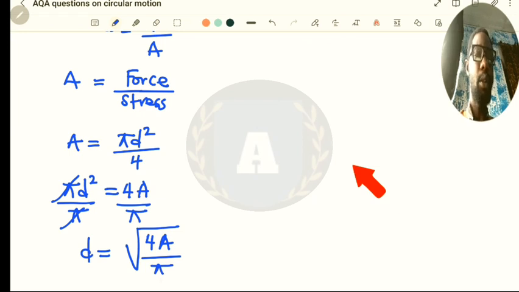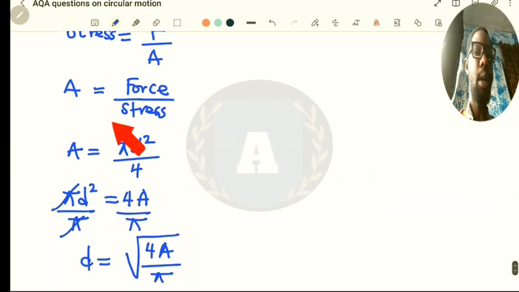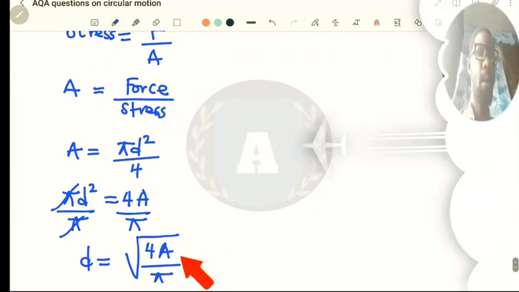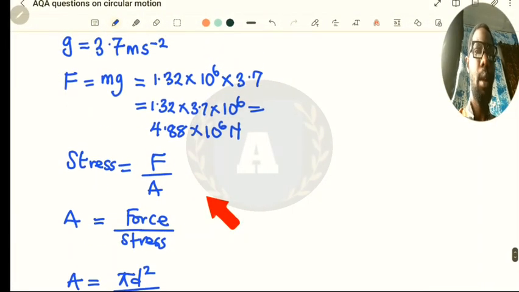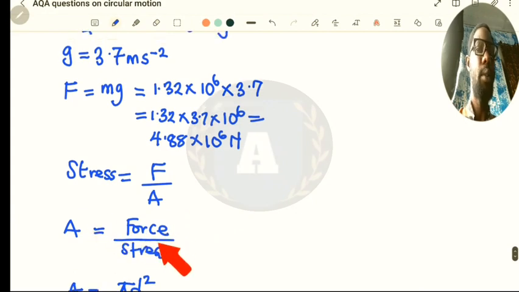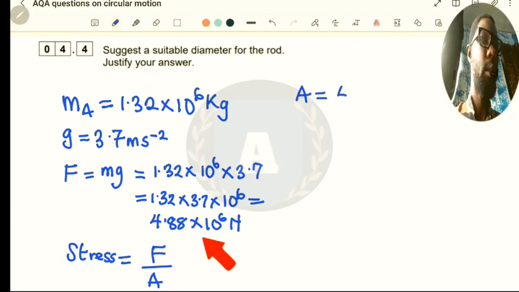All right, so now the question is, do we have the area? Then you can input your area, which is force over stress. From here, area is equal to force over stress. We've gotten force to be equal to 4.88 times 10 to the power of 6.